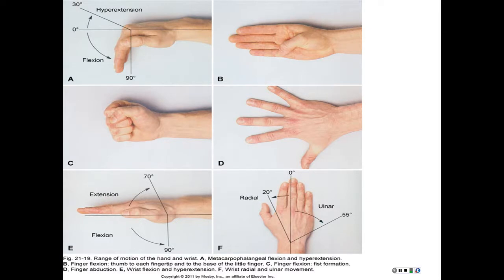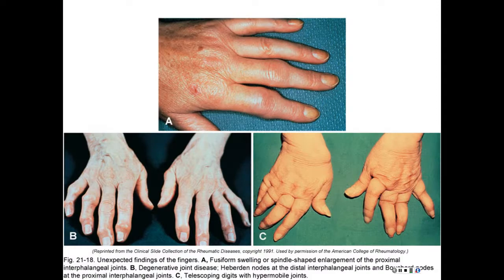So here it is, picture A is flexion, and it's telling you the hyperextension that you would do. This would be the normal movements you'd expect in the hand. And here is just another picture of B, the Heberden's nodules at the DIP joints, and Bouchard's nodules.